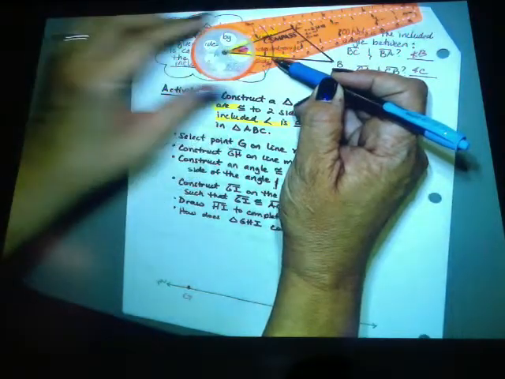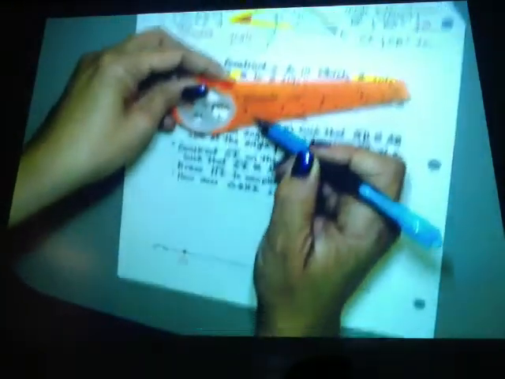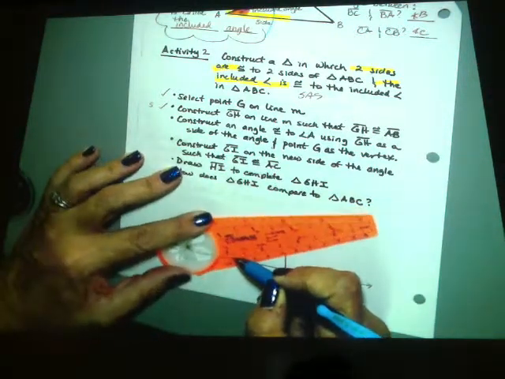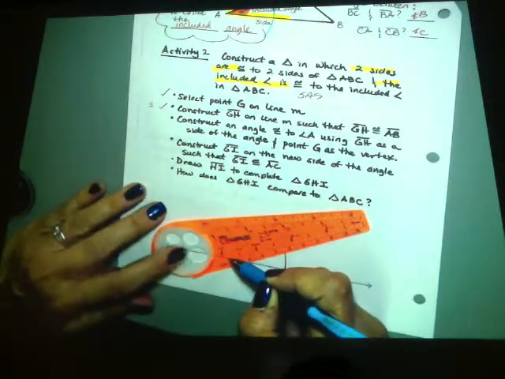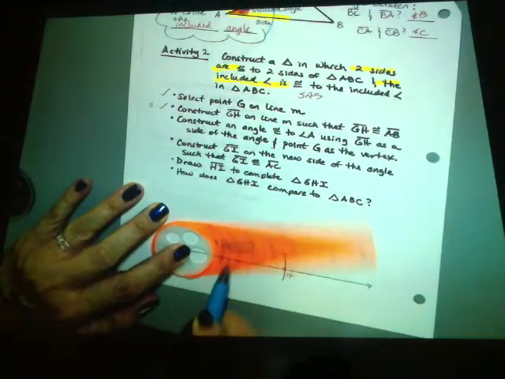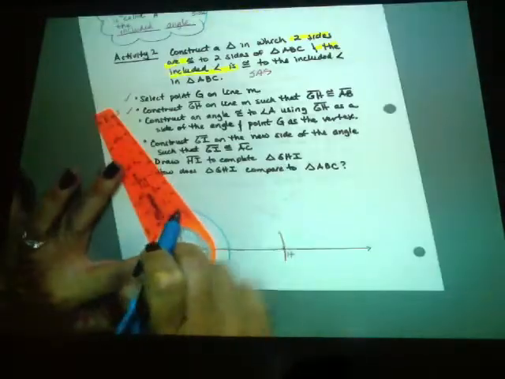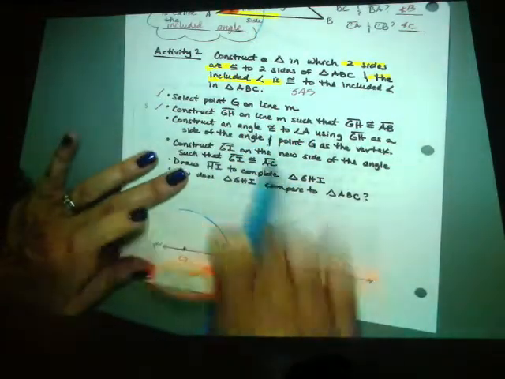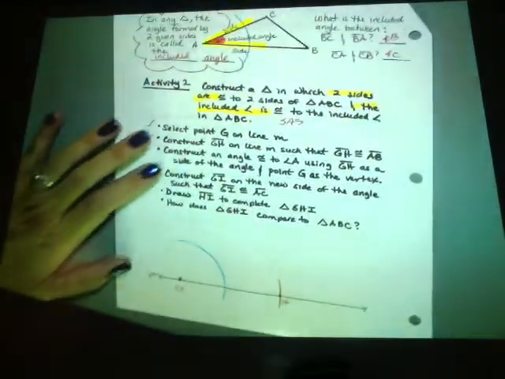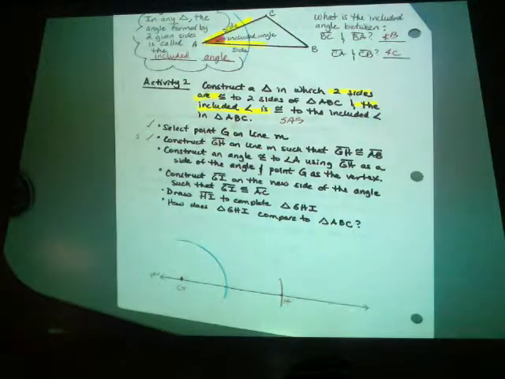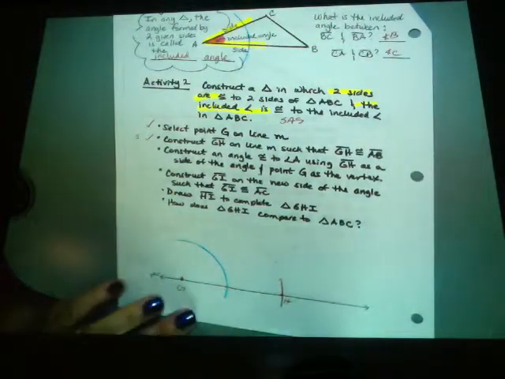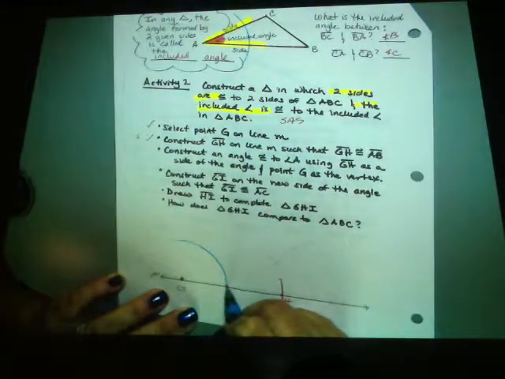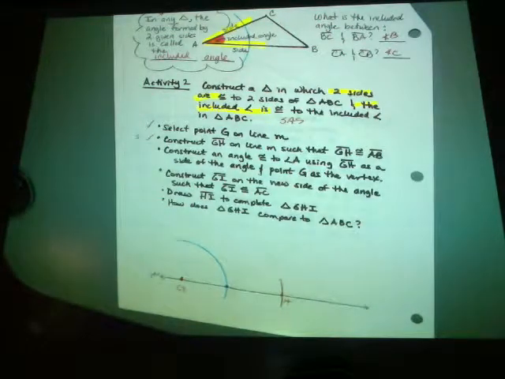Then you're going to take that distance and bring this back down to G. And you're going to create an arc here as well. So I have two of the same arcs. I'm going to put a point right here where this arc intersects line segment GH.